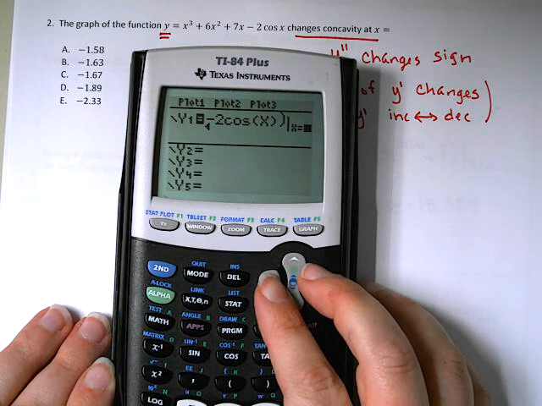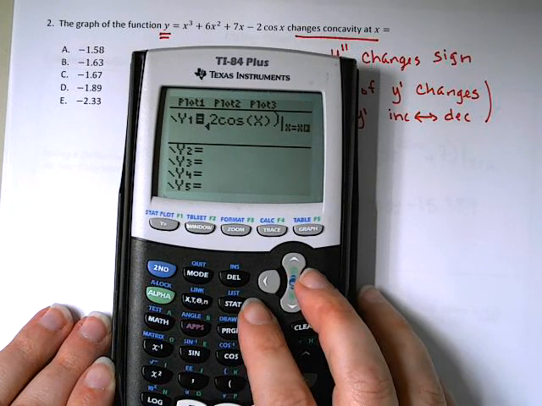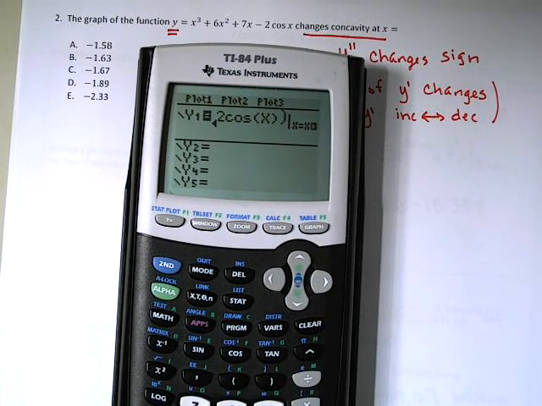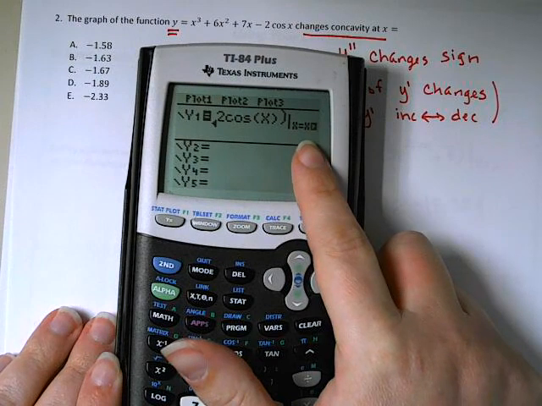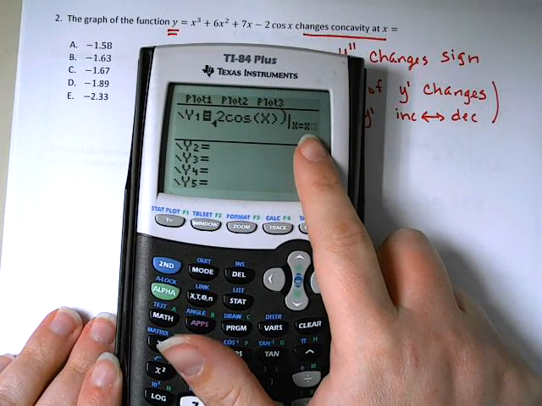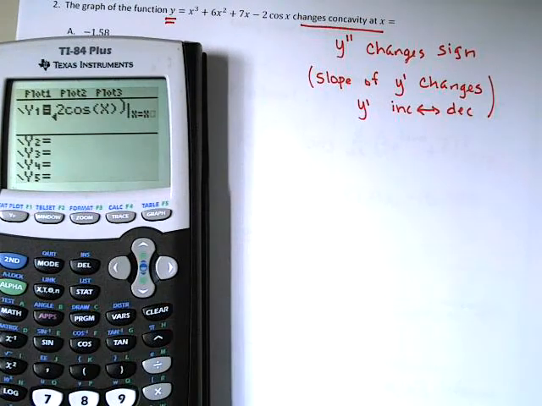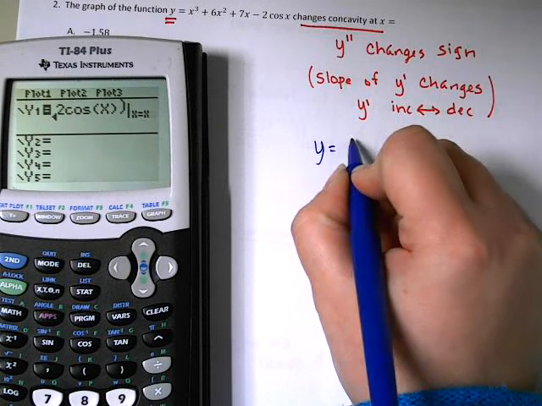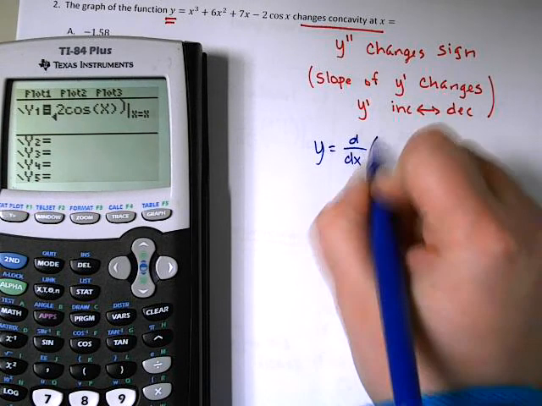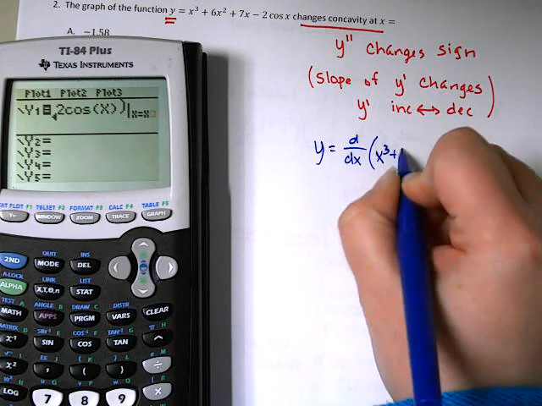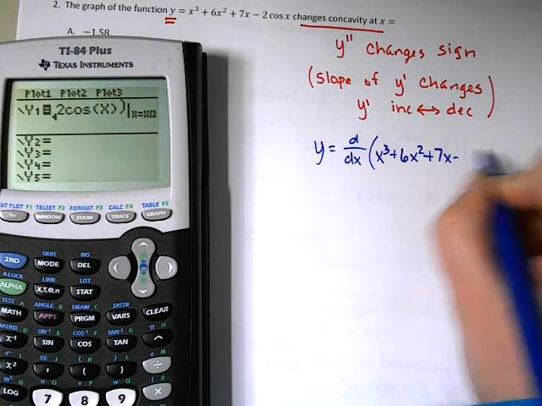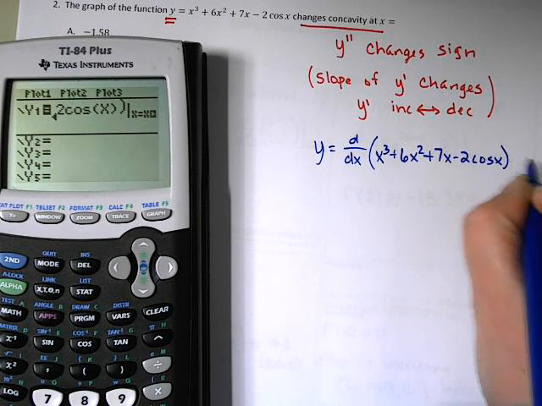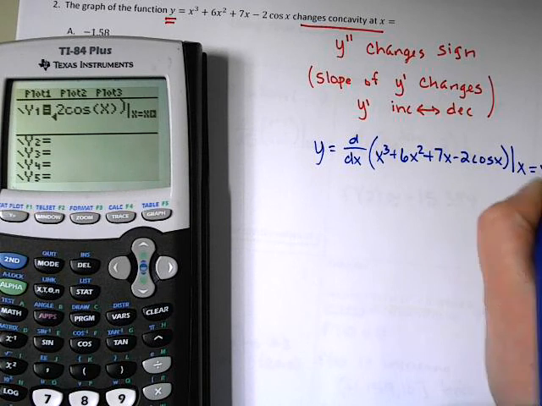Now the different part here is that we're not going to be taking the derivative with respect to a specific value. We're actually going to put x in there. I told you you couldn't do this when we were trying to get a number for the derivative, but because we're trying to graph the derivative for all x's, we're going to take the derivative with respect to x and evaluate it when x equals x. So in y equals, we're plugging in d dx of x cubed plus 6x squared plus 7x minus 2 cosine x, when x equals x.